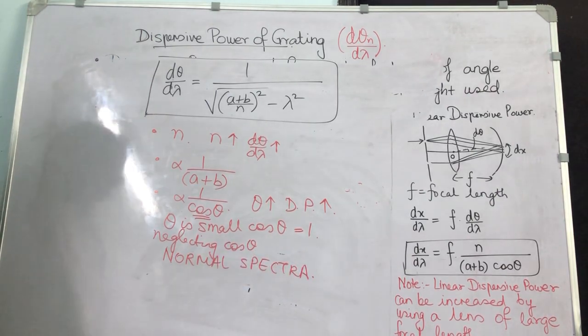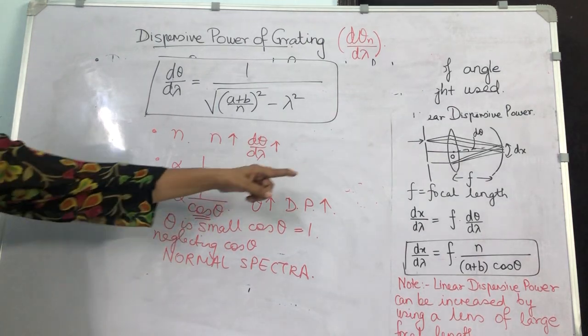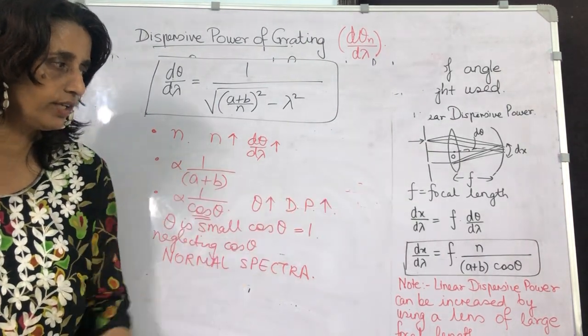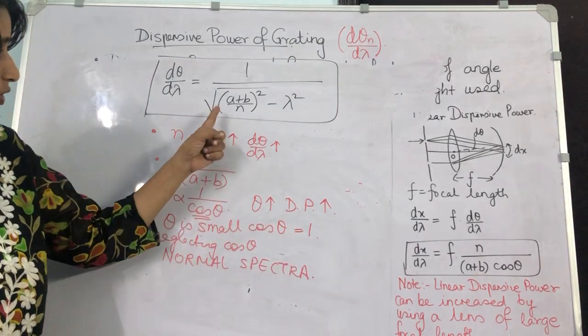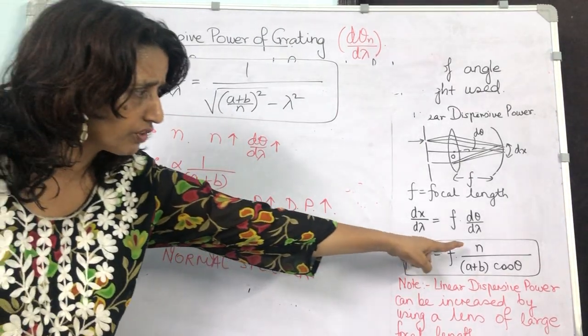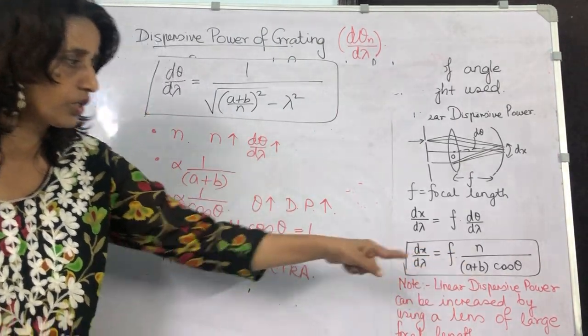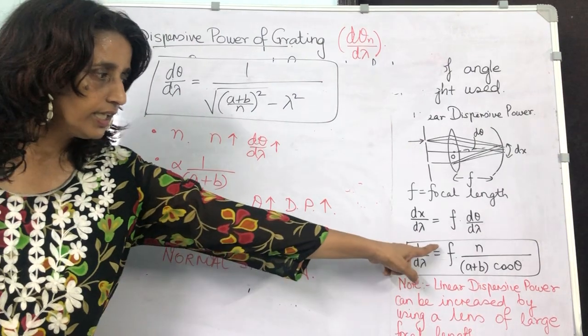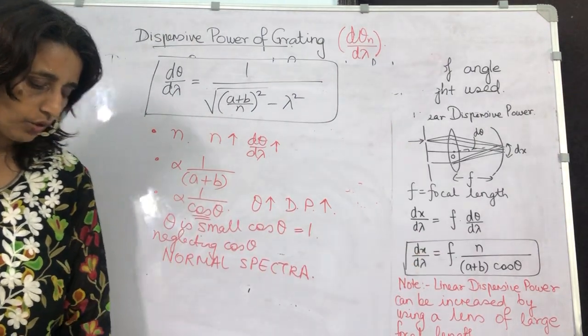Right? Now linear dispersive power is equal to focal length into angular dispersive power, n upon (a plus b) cos theta. You find that linear dispersive power can be increased by using a lens of large focal length.